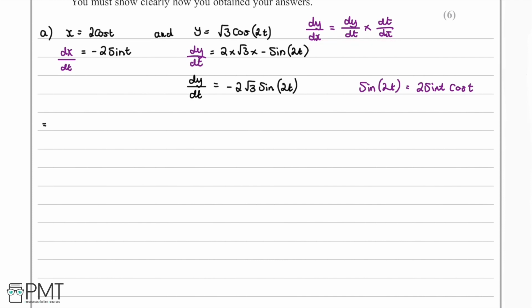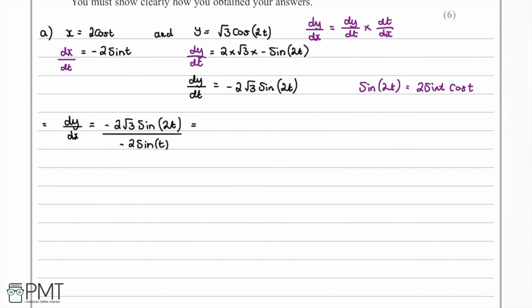So we'll then have that dy by dx is going to be equal to negative 2 root 3 sine 2t, and then we'll multiply that by 1 over dx by dt, which is going to be the same as dividing all of this by negative 2 sine t.